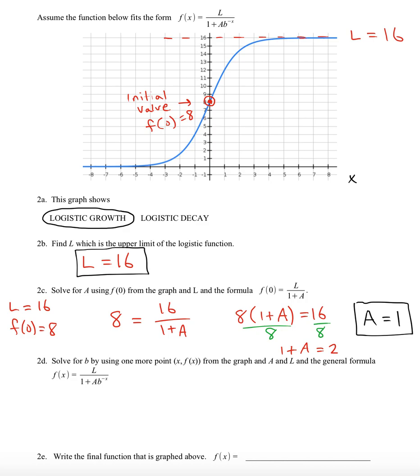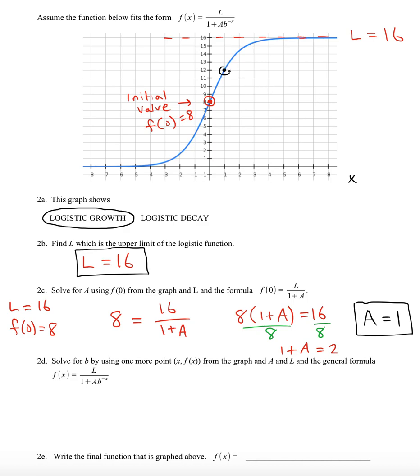Okay, we've got almost everything we need now. The only other constant we need for this form is the b. So let's pick one point on the graph and see if we can use it to determine what the b must be. Well, this point here looks like a good one to work with.